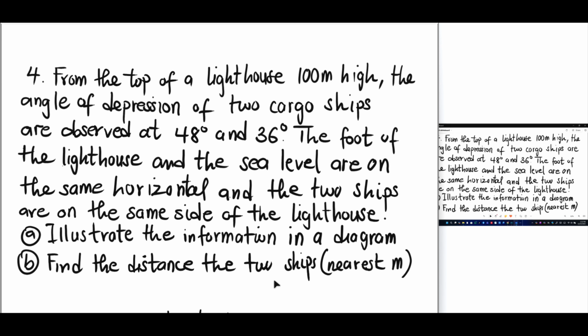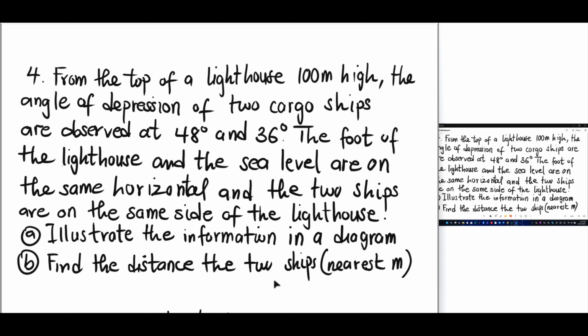All right. So let us identify the key parts of the given statement. We have a lighthouse which is 100 meters high. Then we also have angles of depression of the two cargo ships, that is, from the top.